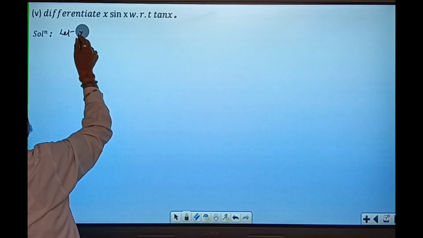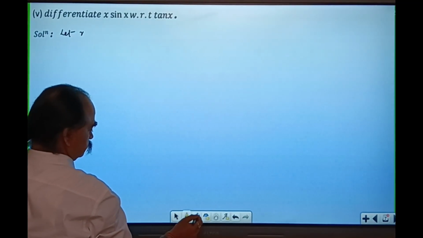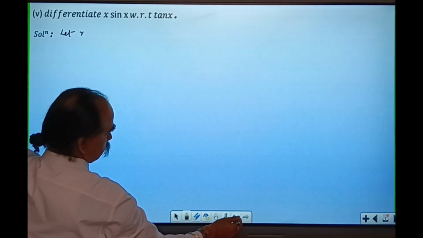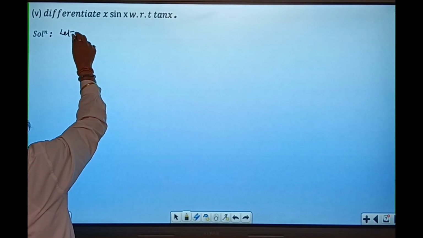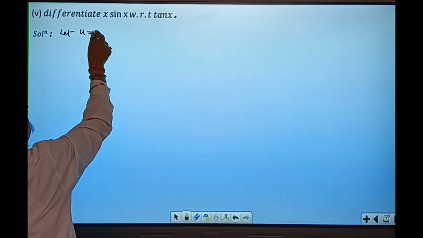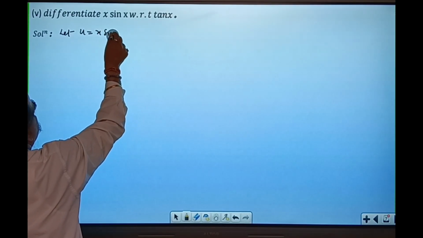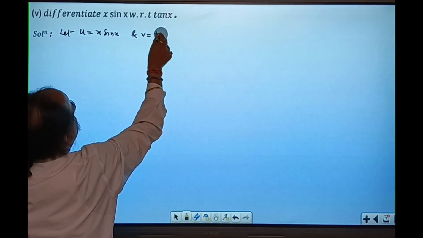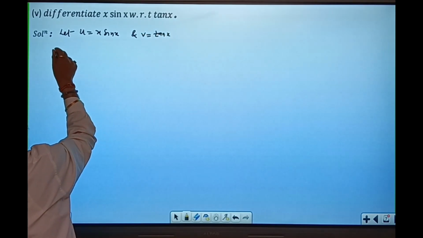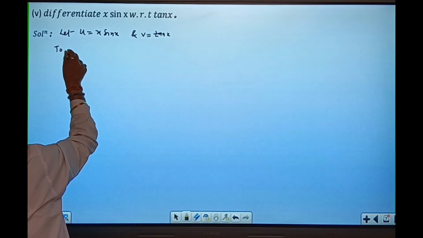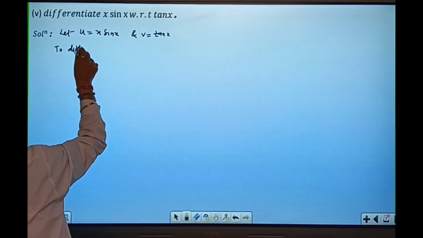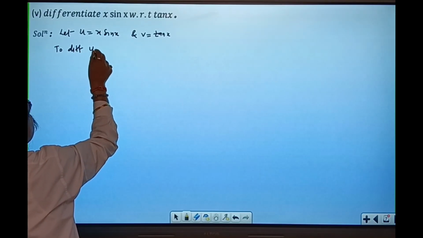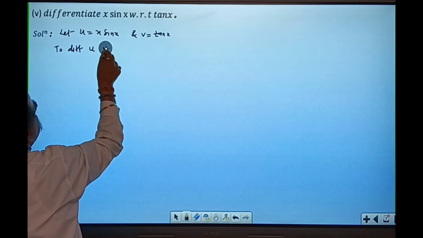Now next is what? Differentiate x sin x with respect to tan x. Let u is equal to x sin x and v is equal to tan x.